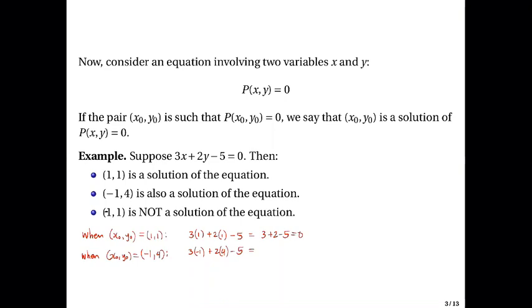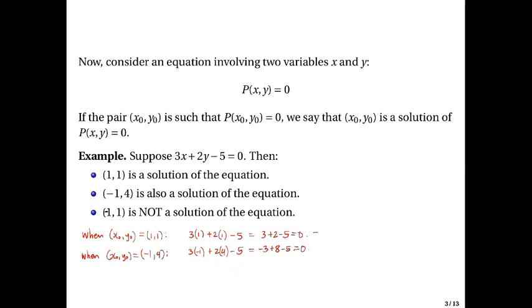So let us simplify this. 3 times negative 1, that's negative 3. And then 2 times 4, that's 8. So you have plus 8. And then there's the minus 5 here. So if you check, this is equal to 0 also. So therefore, these are both solutions of this equation.